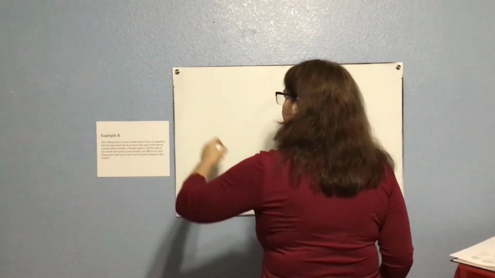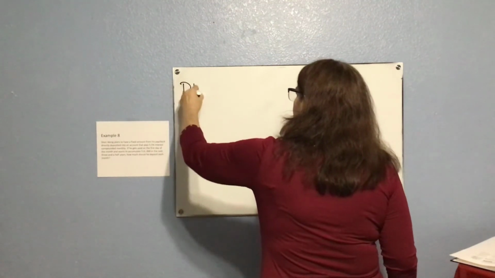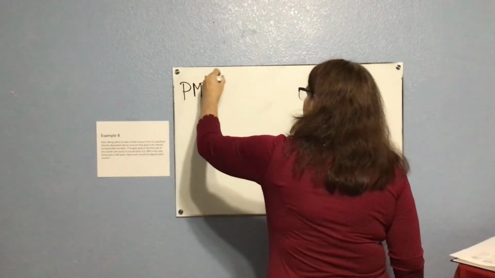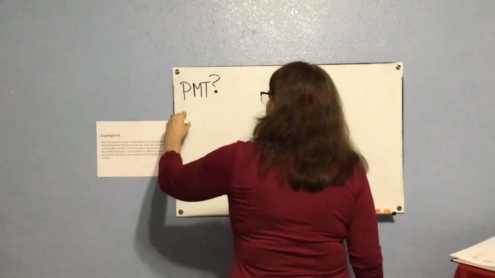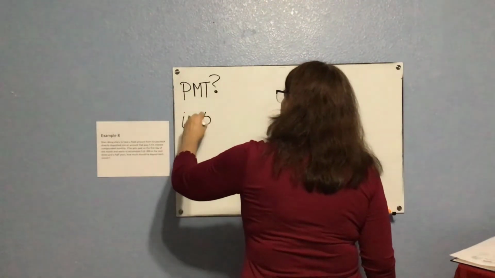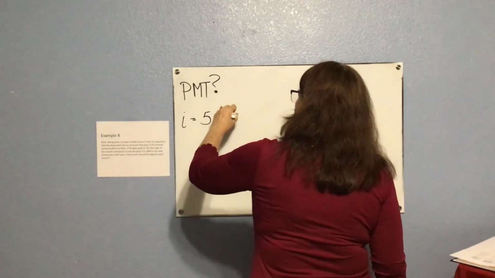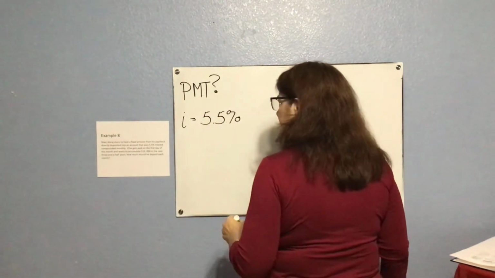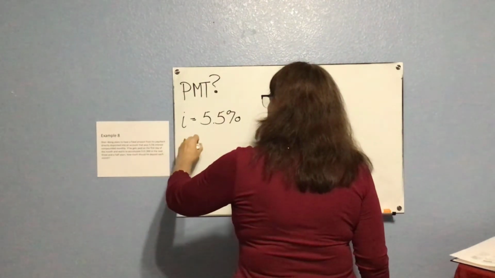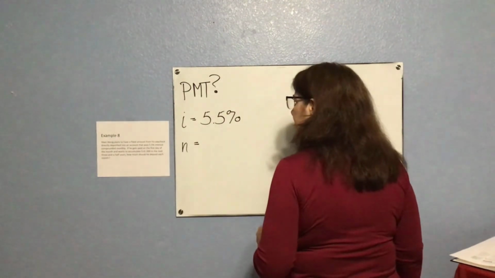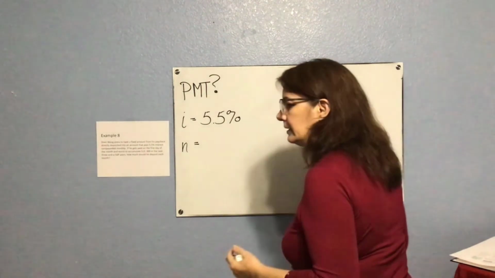So this time we don't know what the payment is. He wants to know how much. Okay. The interest is 5.5% and it's compounded monthly. And he's going to save for 3.5 years.